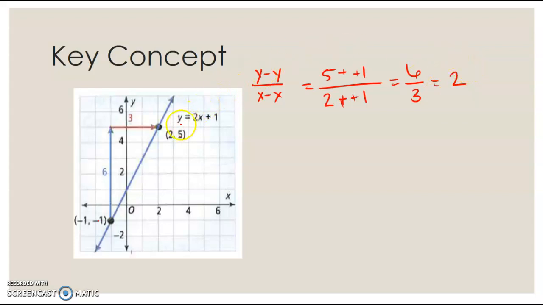Now, if you notice, we also have our equation written here. And so our rate of change is in that slope position. So m equals rate of change. So we can see that in both the graph, find our rate of change, and in our equation.